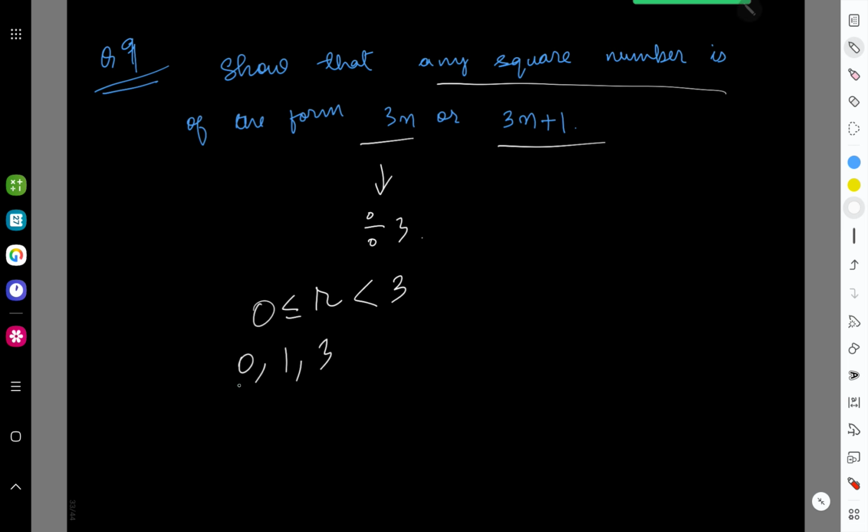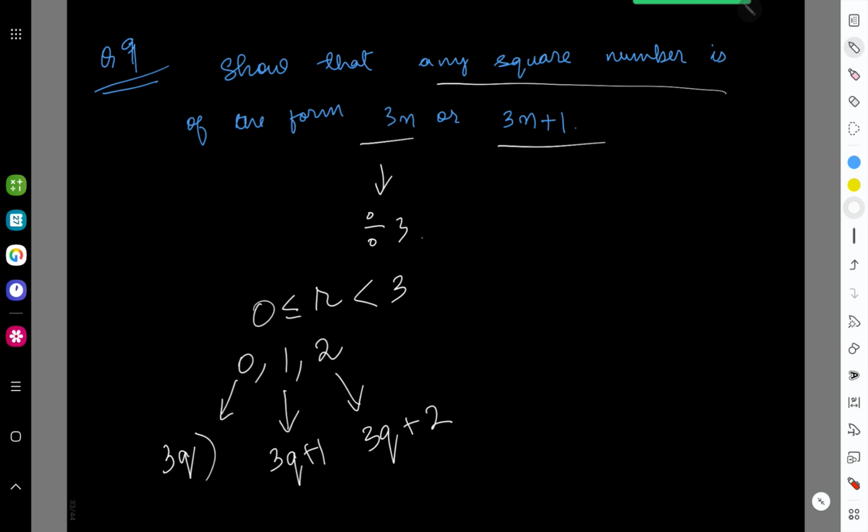When the remainder is 0, our number will be in the form of 3q. When the remainder is 1, our number is 3q plus 1. If our remainder is 2, then our number is 3q plus 2.